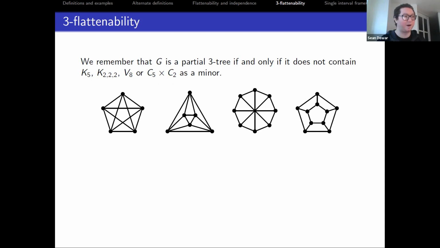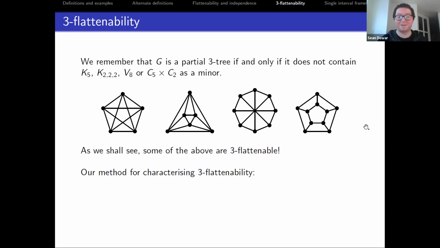This was proved by Bob Connelly and Maria Belk about 10 years ago, roughly. We're going to prove that 3 flattenability is equivalent to not containing one of these 2 minors. As I said, some of these are actually 3 flattenable. Hint, it's these 2.